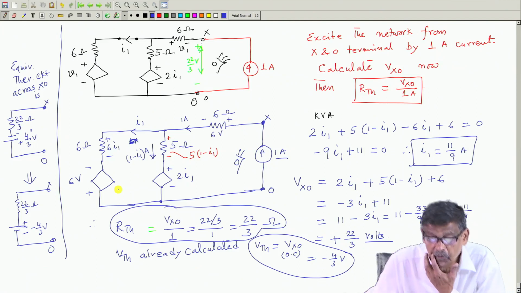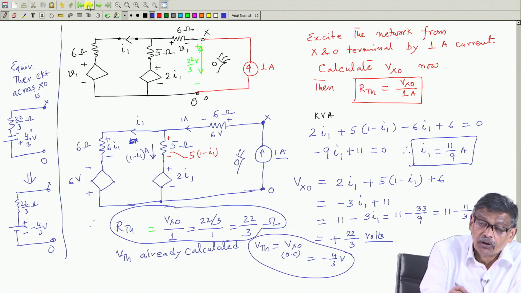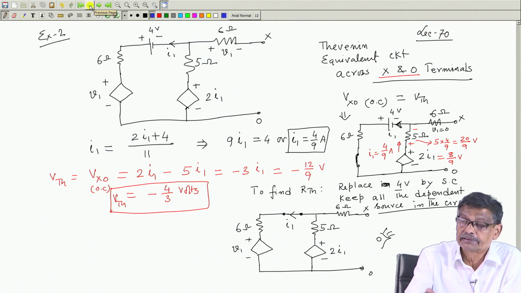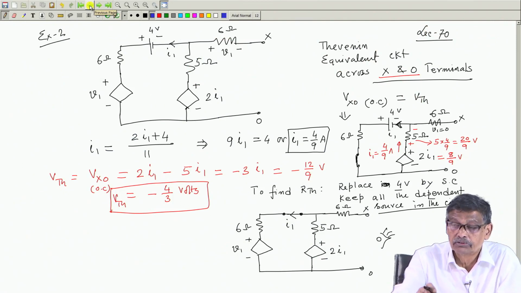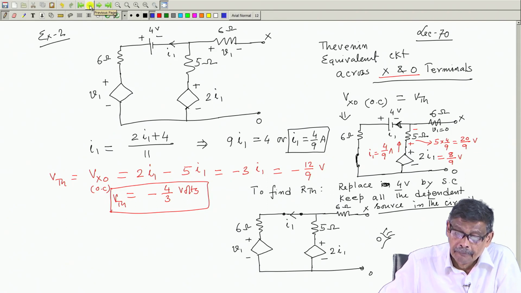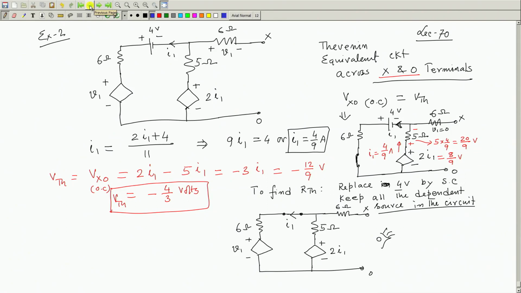Another way I told you that you have already calculated V Thevenin's, you have got it. That is what I will also do for this network. So, open circuit voltage you calculate like this. Then what you do, you calculate the short circuit current, that whatever will be flowing. So, another way of doing it is to calculate the short circuit current.